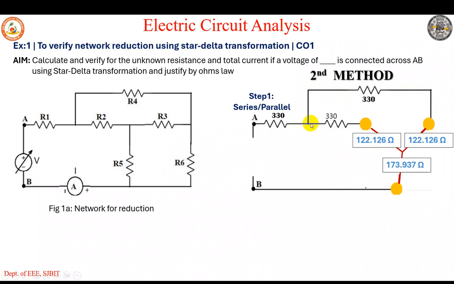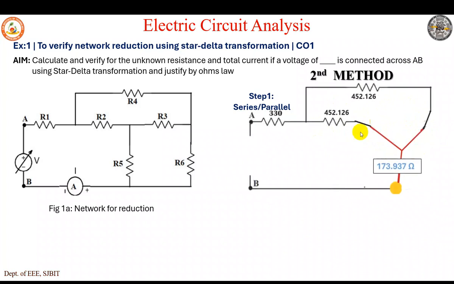Similarly, another current enters this 330, the same current enters this 122.126 ohms, and they meet here, and both currents flow through this, right? So we can say the currents are the same. Thus these two branches are parallel, but in this branch these two are in series, and in this branch these two are in series.